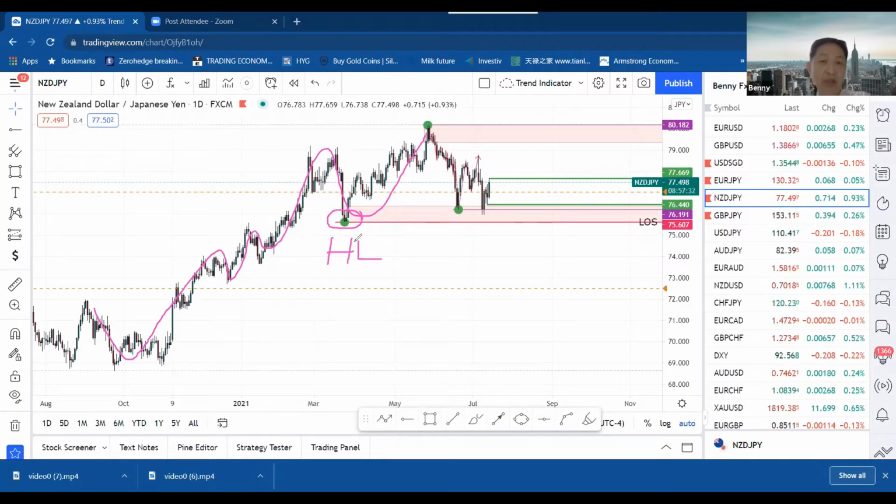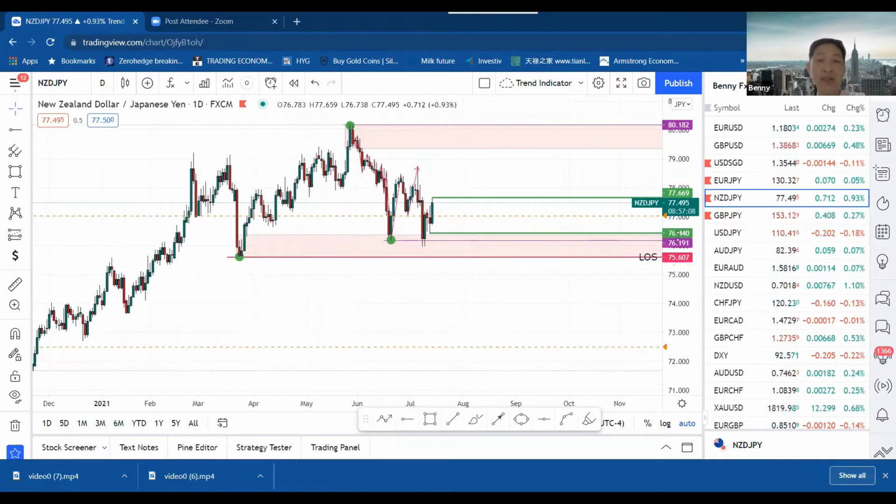Why do we call this a higher low? Because it made a high higher than this high, and therefore this is a validated low. This one is not a validated low, simply because the price did not make a high higher than this high. So what's the difference between a validated low and a not validated low?